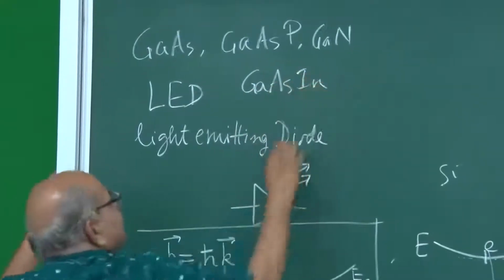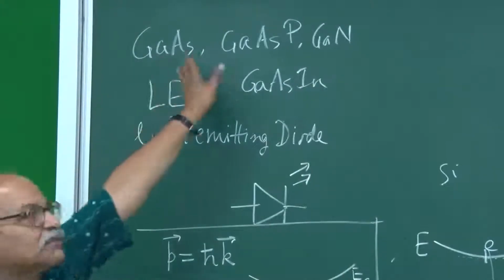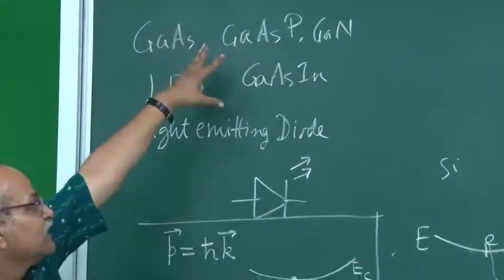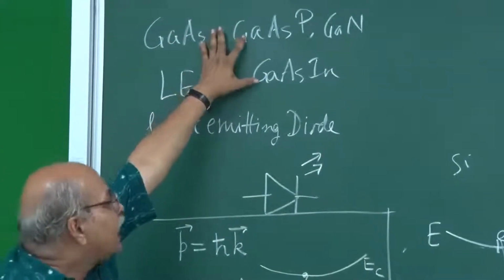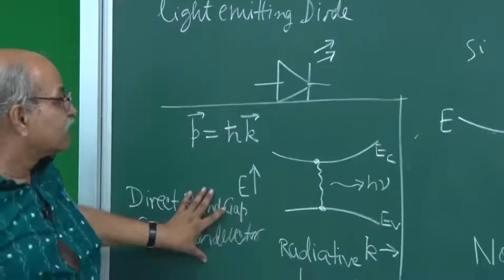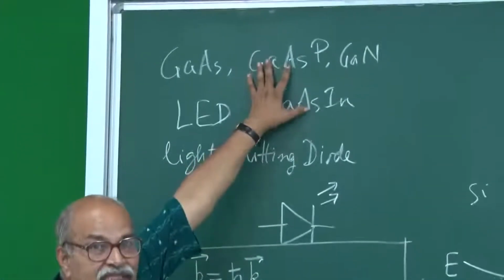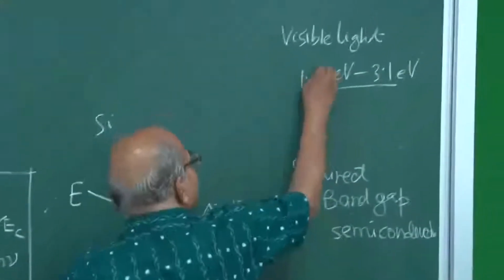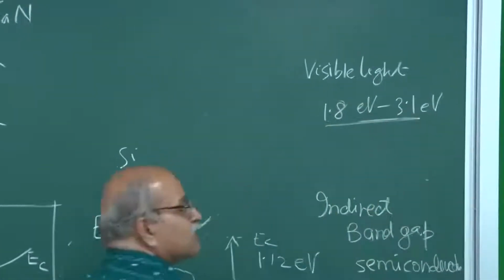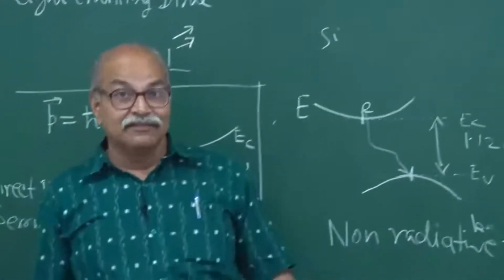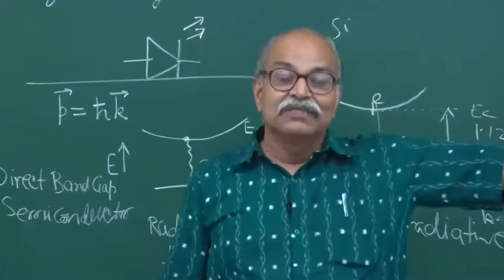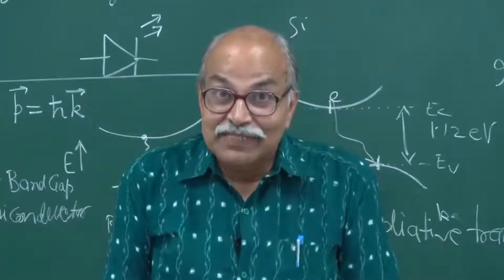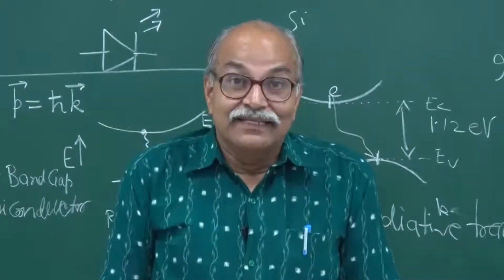With these kind of semiconductors, you can play with proportions and in what fraction they have to mix. They will be direct band gap semiconductors, and with proper composition their band gap can be in this visible range. So when current goes through them in forward bias condition, they can emit light. So that is LED.